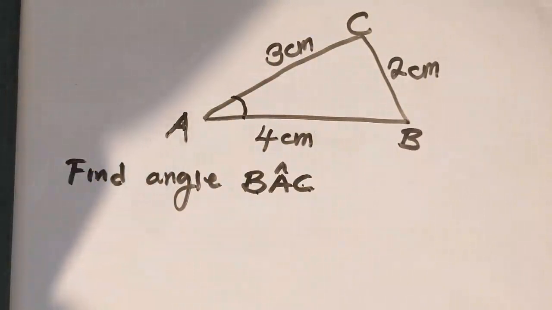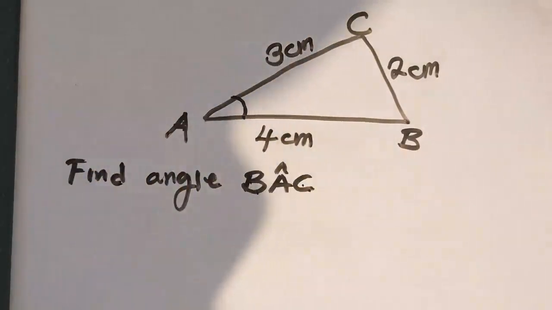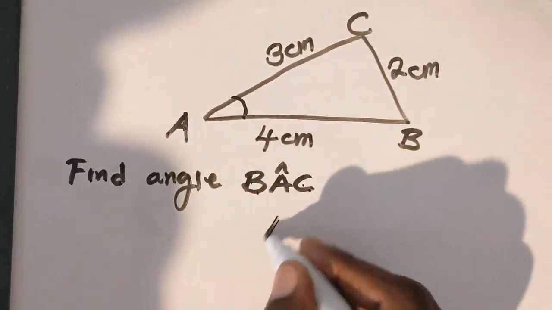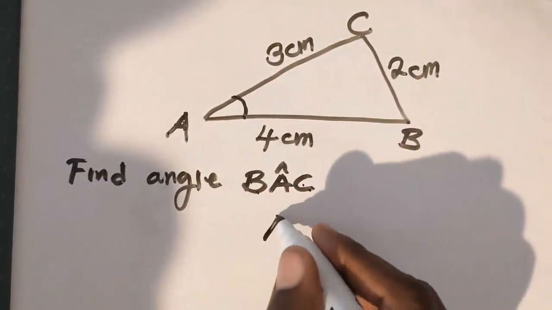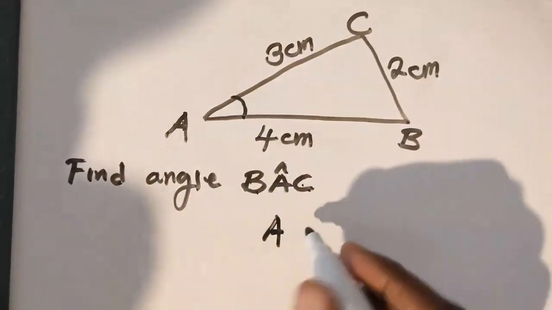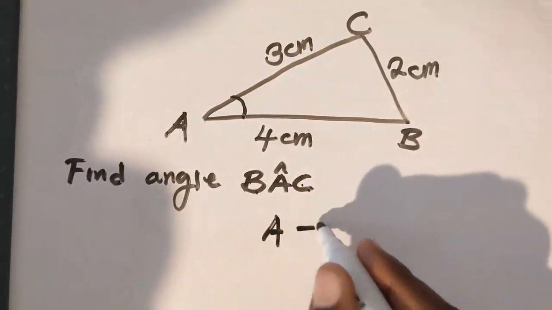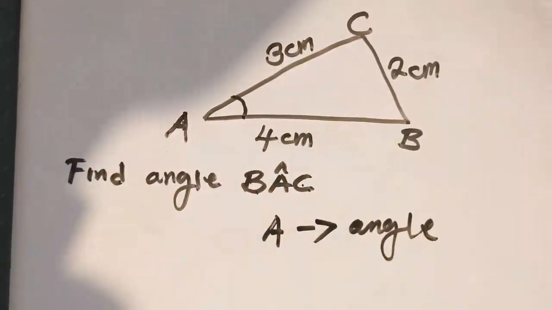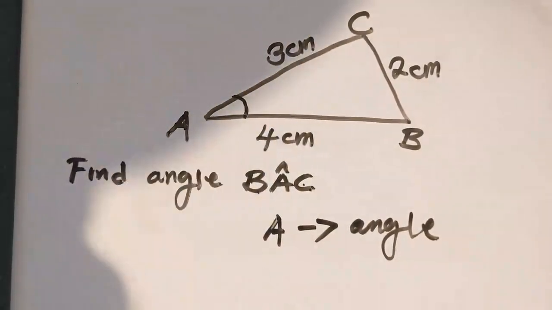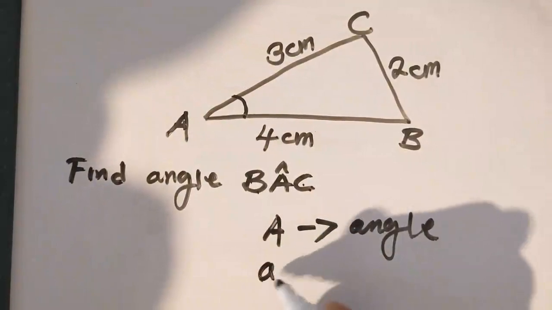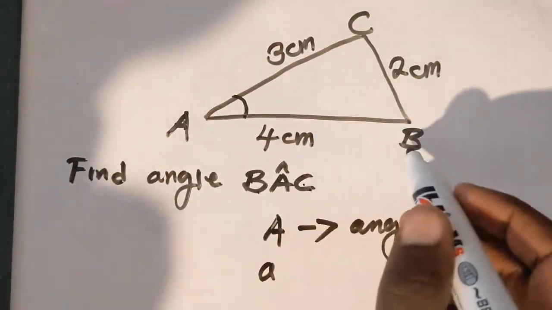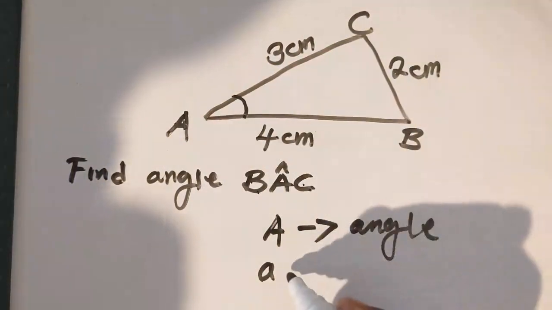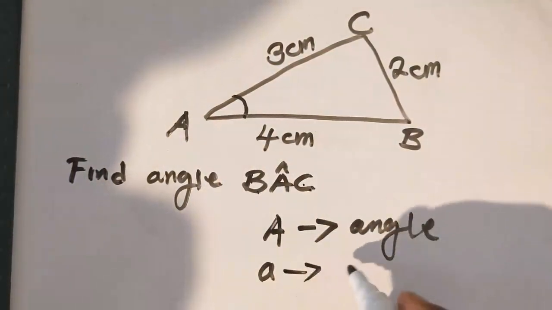It is very simple. The thing that you need to know is that a capital letter, let's say capital letter A, represents an angle, and a small letter, it can be a, c, or any other small letter, represents the side.